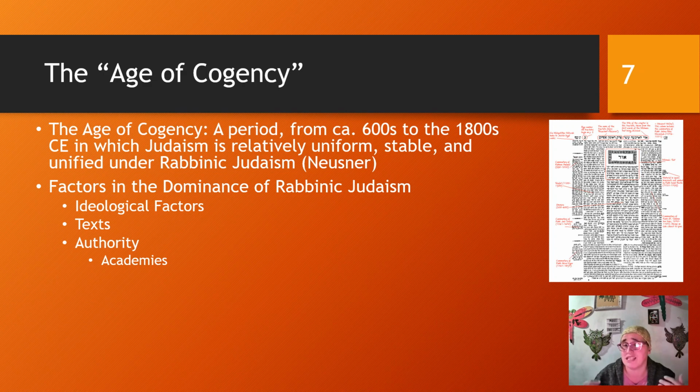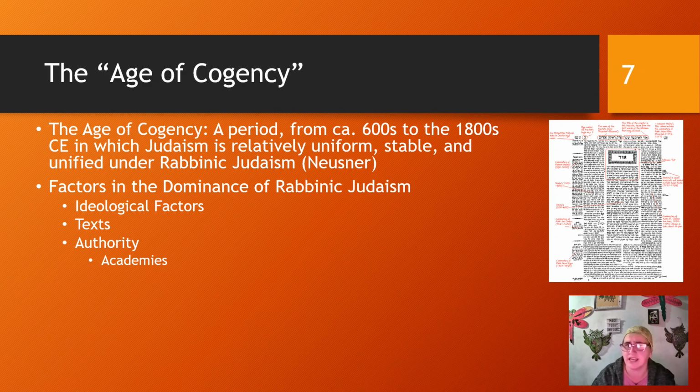Rabbinic Judaism obviously had the edge because they had the foresight to protect their documents, get their scholars out of Jerusalem, and establish academies throughout the diaspora to preserve the tradition. That gave them a very practical edge, but there are also ideological, textual, and authoritative reasons why rabbinic Judaism becomes dominant for the Jews in this period.